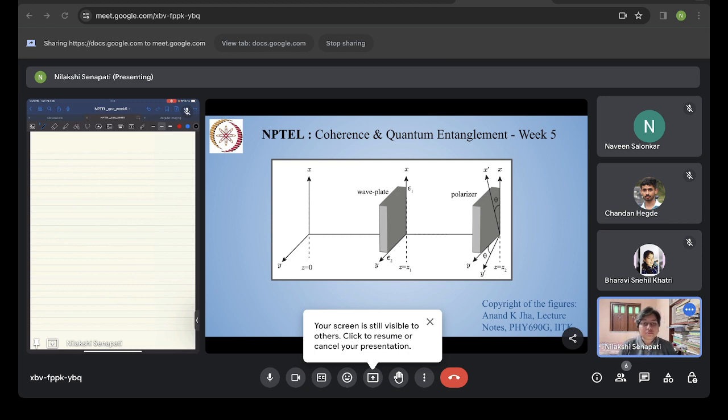The vectorial electric field E(t) at z equal to 0 we can write as E equal to Ex x cap plus Ey y cap. That means some part of it is in the x direction and some part in the y direction. In terms of x and y, we can write any directional vibration.